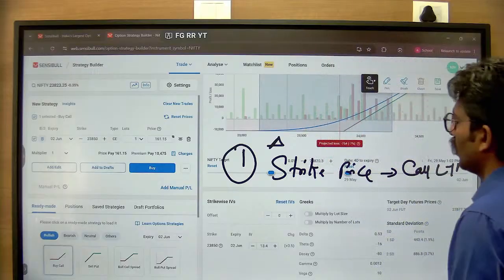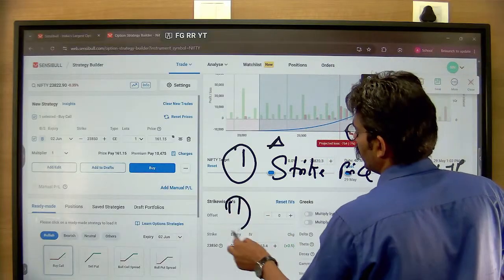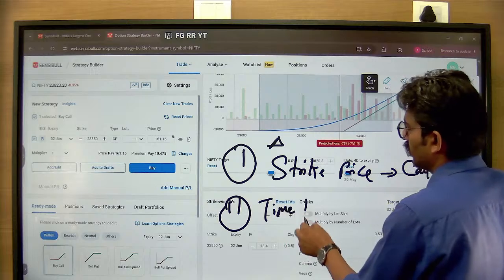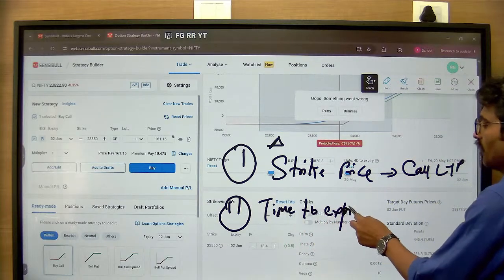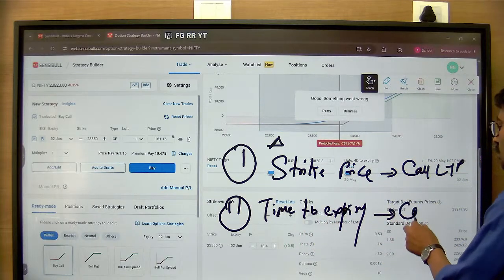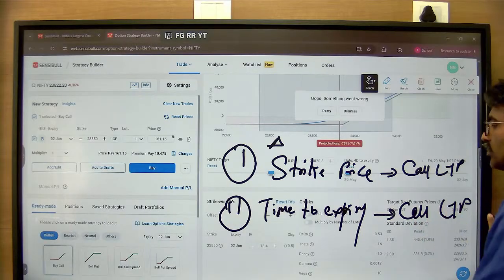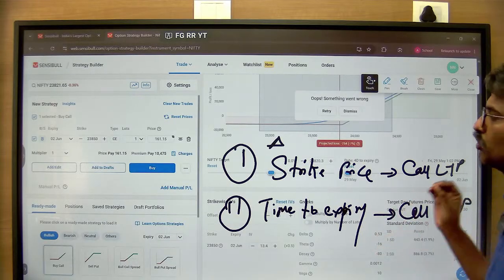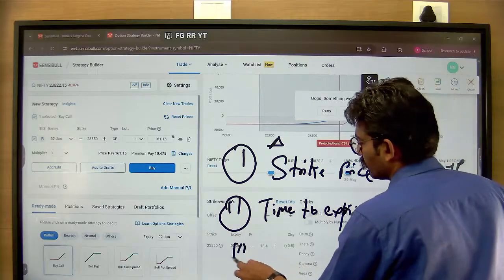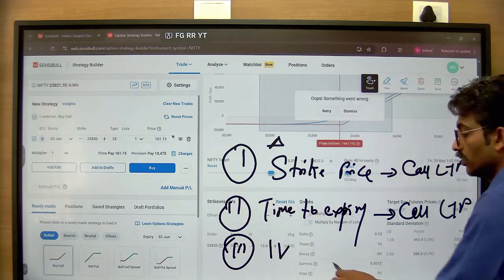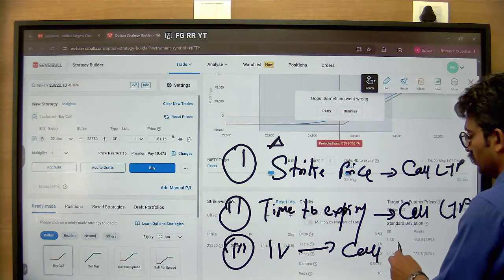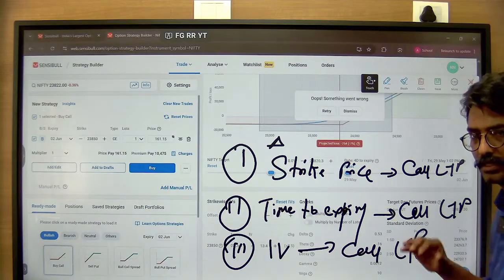So what happens to the call LTP when you change the time to expiry? Not from a theoretical perspective, but from actual observation. And what happens to the call LTP when you change the IV? So these 3 exercises will do.